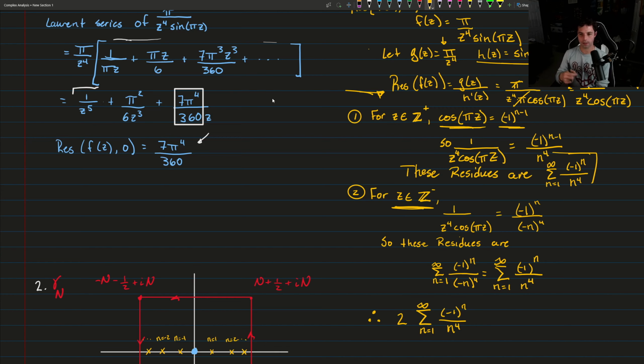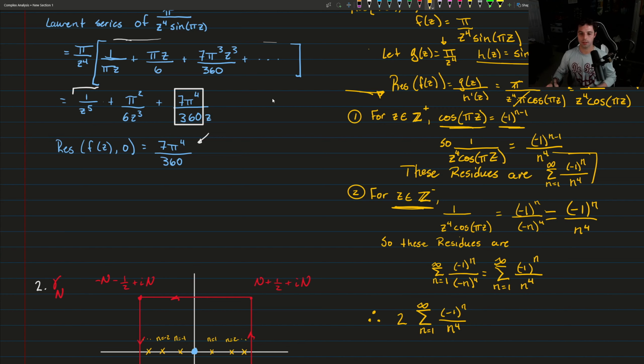That's going to act a whole lot like negative 1 to the n over negative n to the fourth, which, because of that fourth power, is just going to be negative 1 to the n over n to the fourth. Okay. So for every n, we're going to have a residue at that n.